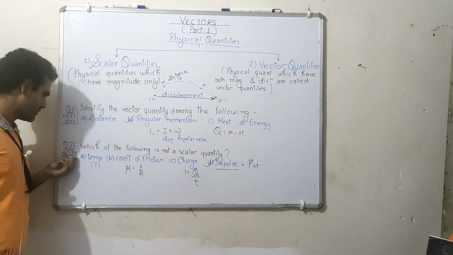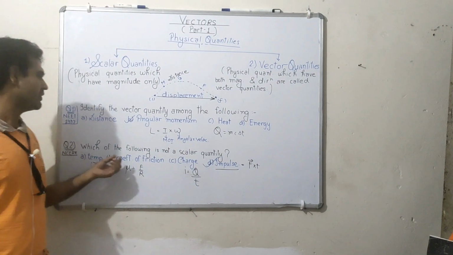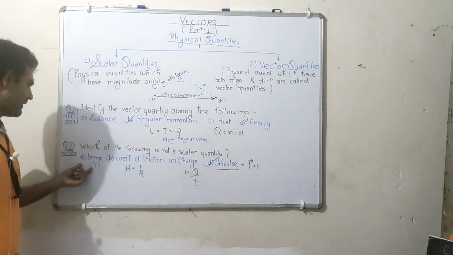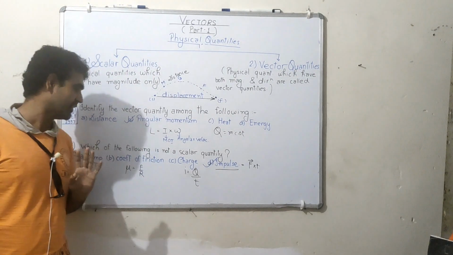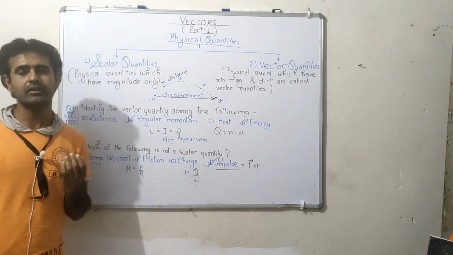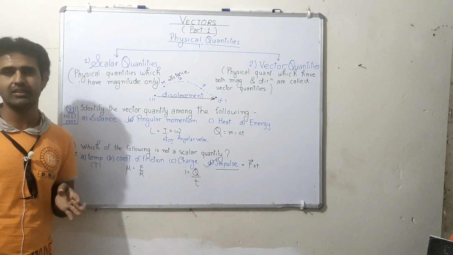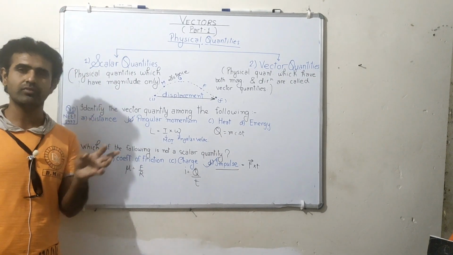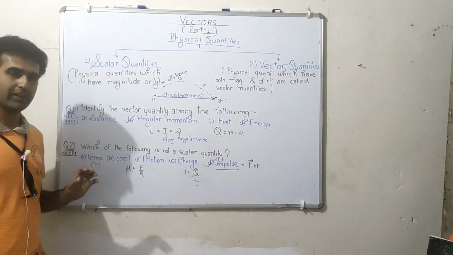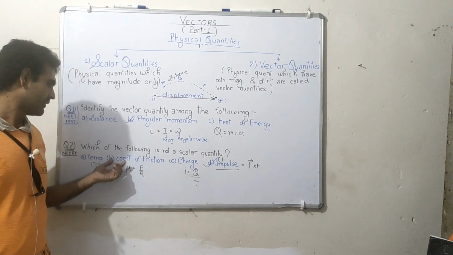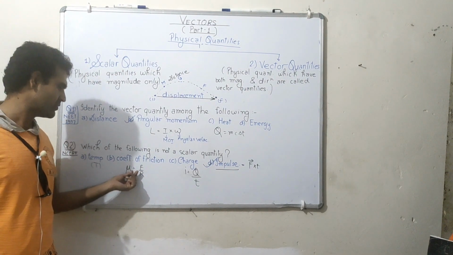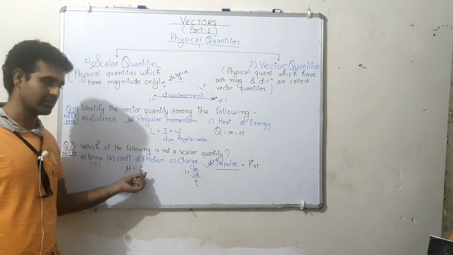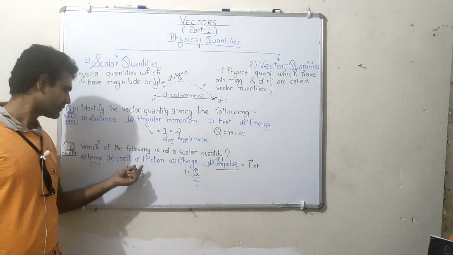Next, question number 2. Which of the following is not a scalar quantity? Temperature is a scalar quantity, because if I say the room temperature is 25 degrees centigrade, then throughout the room it is a uniform 25 degrees centigrade. Then coefficient of friction. Coefficient of friction is given by mu equals F upon R, where F is the friction force and R is the reaction force.